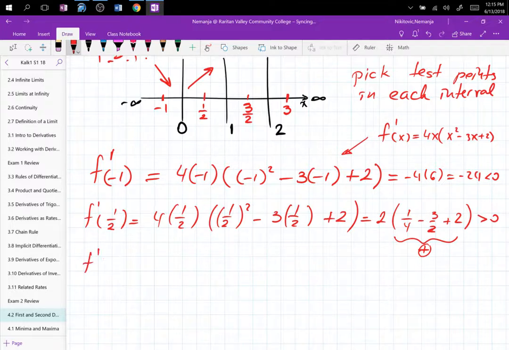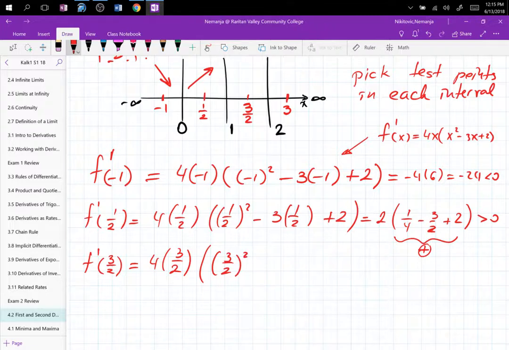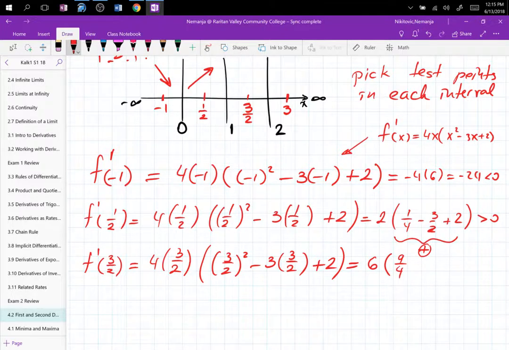Then we go and do f prime of 3/2, which is 4 times 3/2. And then I have 3/2 squared minus 3 times 3/2 plus 2. All right, so this cancels. So it's 6 times 9/4 minus 9/2 plus 2.